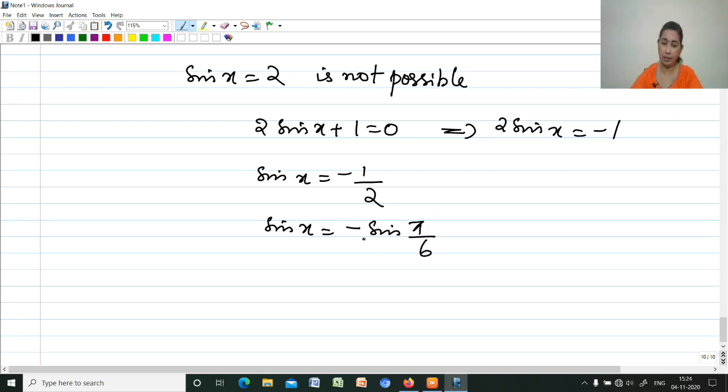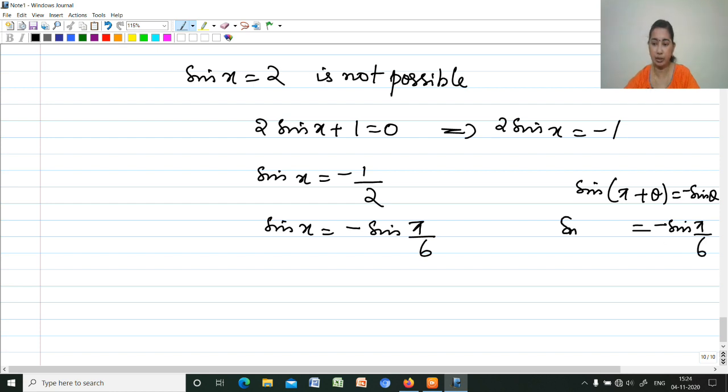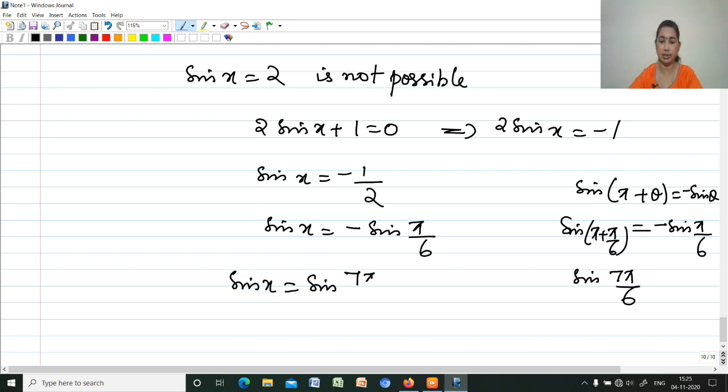Now we have to make this as positive angle. So we know sin of pi plus theta is minus sin theta, and we have got here minus sin pi by 6. So this side will be sin of pi plus pi by 6, and that is sin 7 pi by 6. So instead of this I can write sin x equal to sin 7 pi by 6.